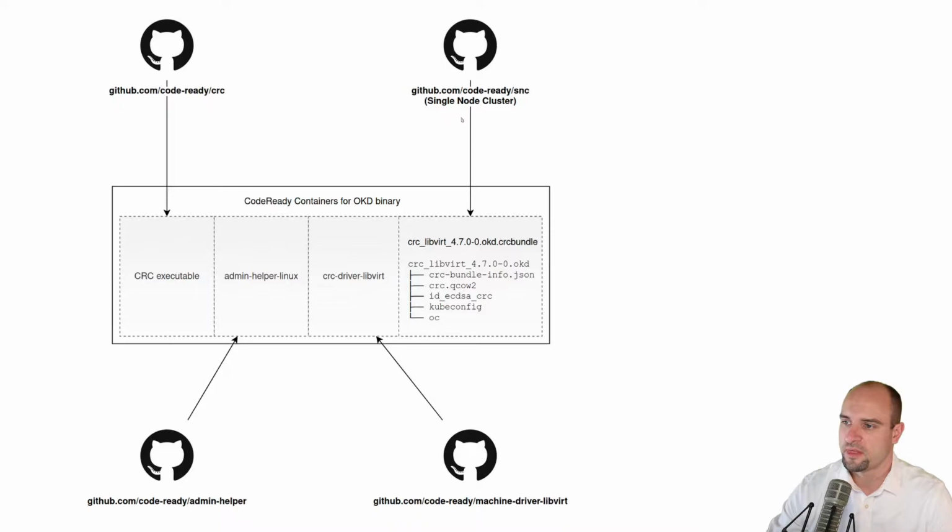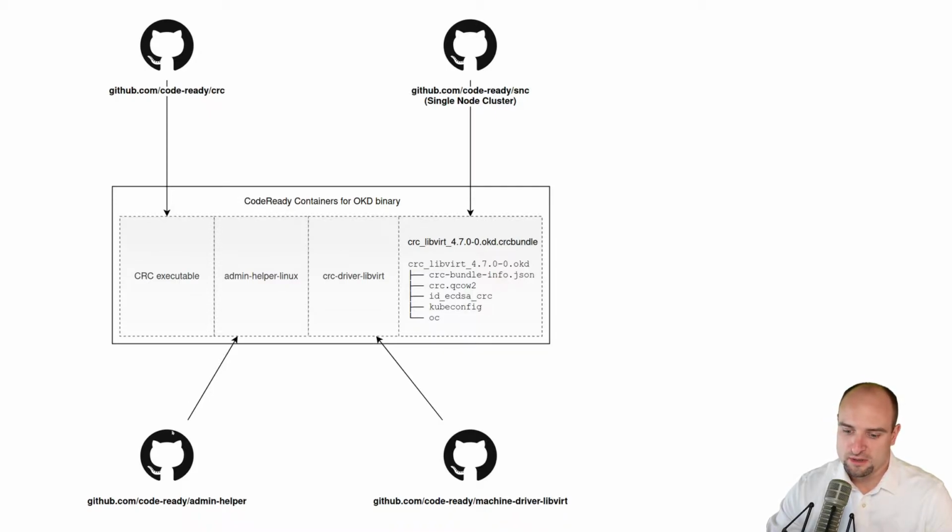First, we are going to use the scripts from the snc Git repository, also known as single node cluster. These scripts will build the CRC bundle for us. Second, we will check out the CRC Git repository and build the CRC executable from source.